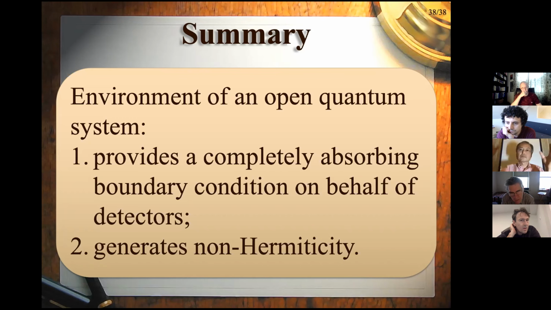When an atom makes a transition into another state, the atom is not the atom alone, but also the electromagnetic field, which is your environment. And the initial and the final state are not the same atom anymore.